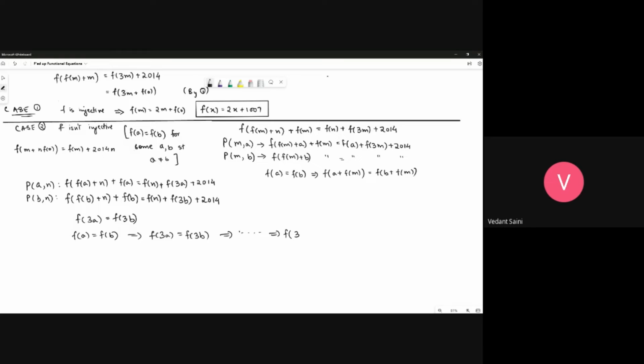By induction, f of 3 to the k A equals f of 3 to the k B.